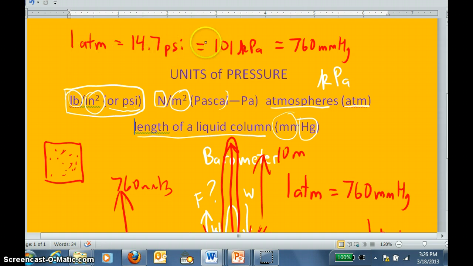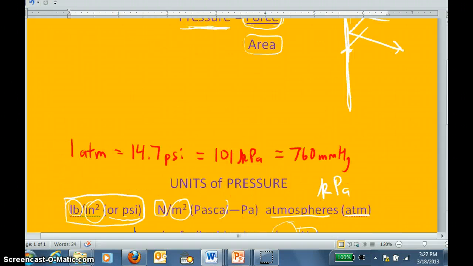And because all of these different pressure units are equal, you can create conversion factors out of them. For instance, let's say I had a pressure measurement of 2.5 atmospheres. And instead I'd like to know what that measure is in kilopascals. Well, it's a simple one-step conversion.